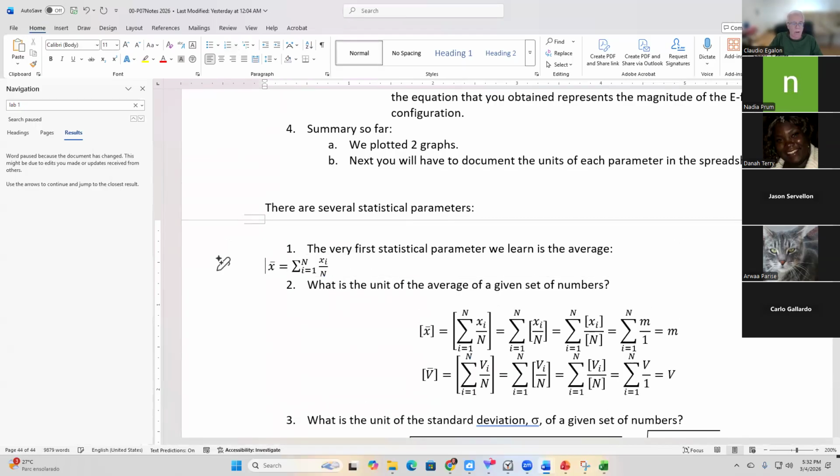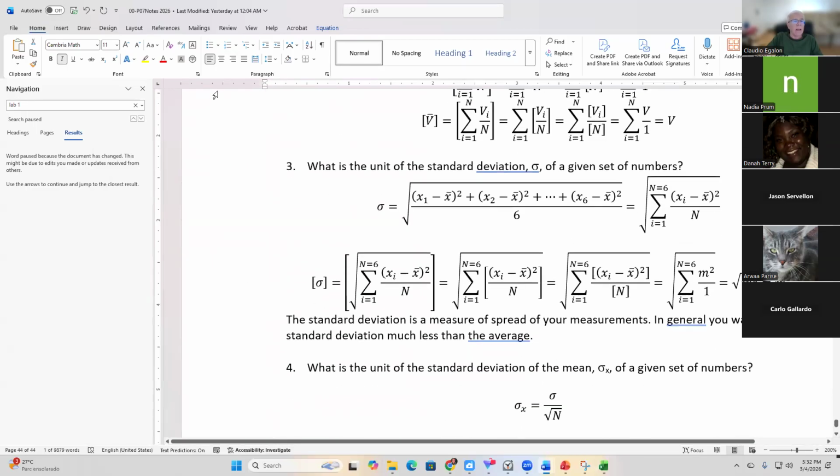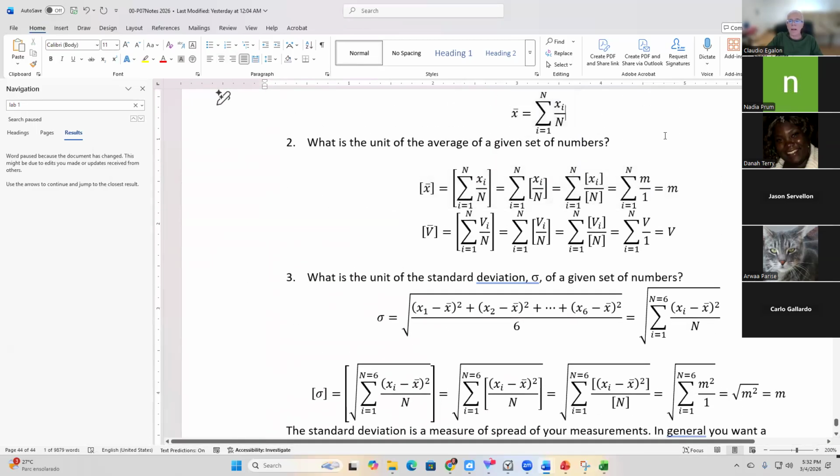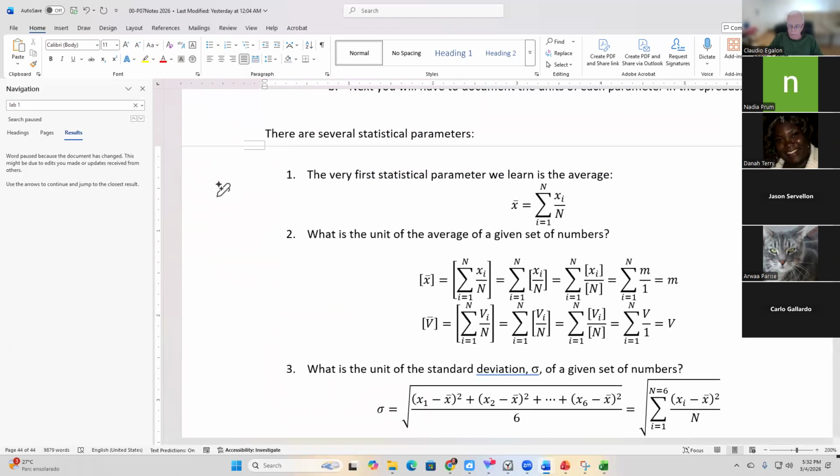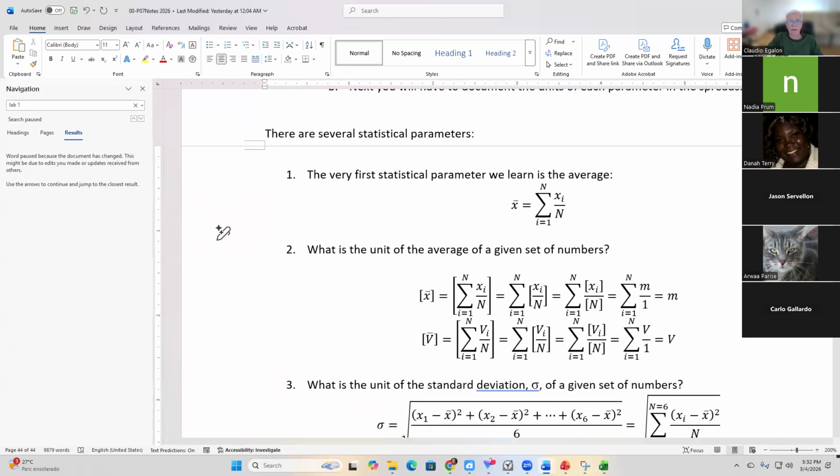And that's one of the statistical parameters that we are looking at in the spreadsheet. It's the summation of every value divided by the number of values.